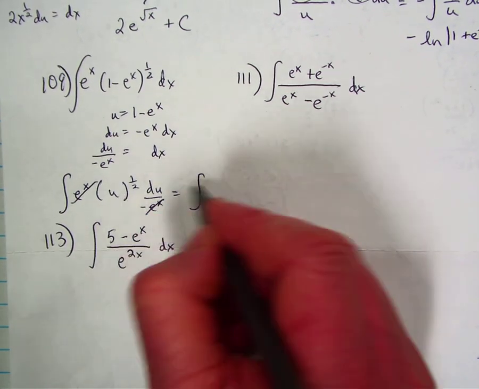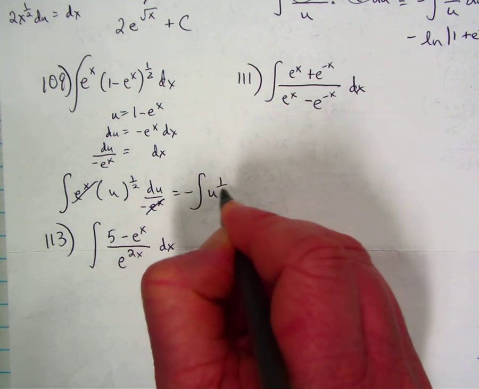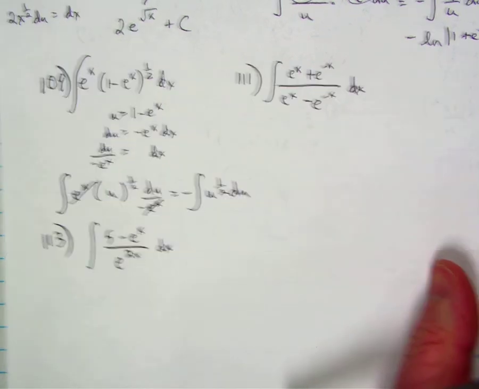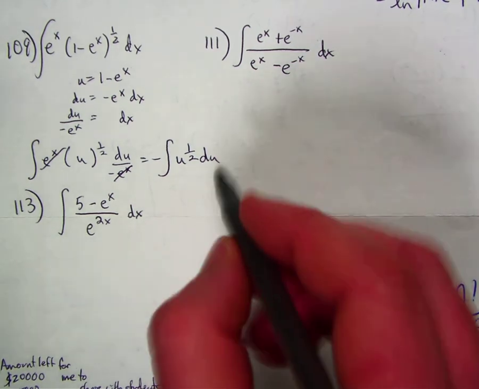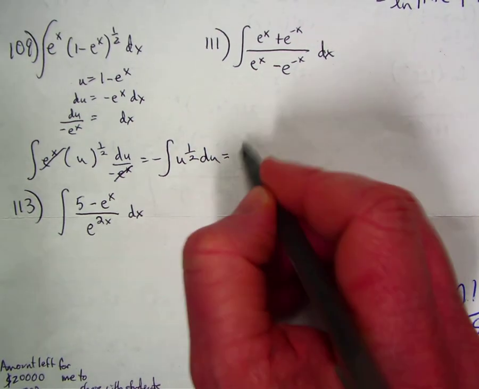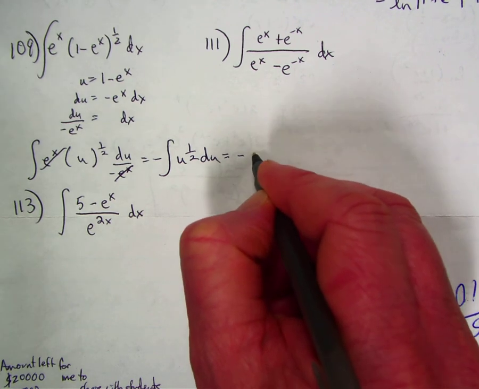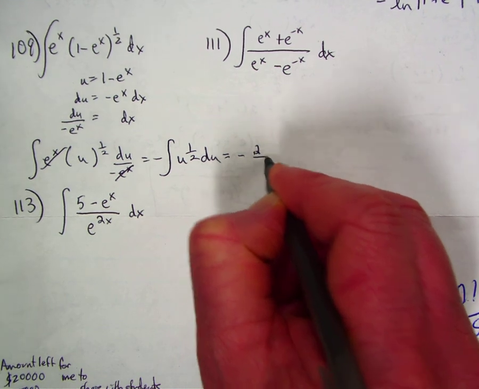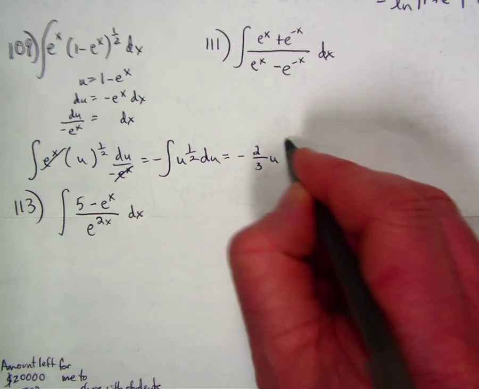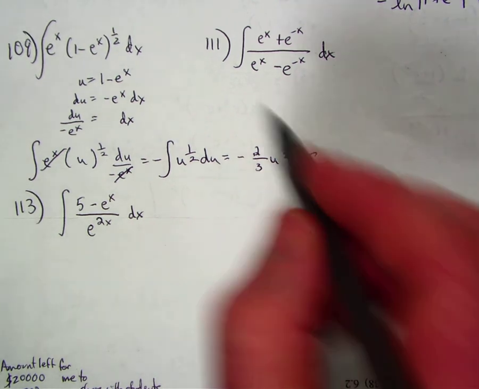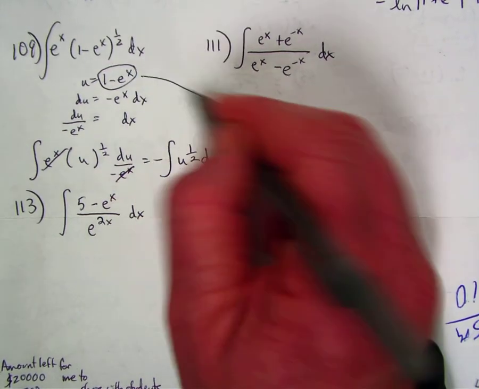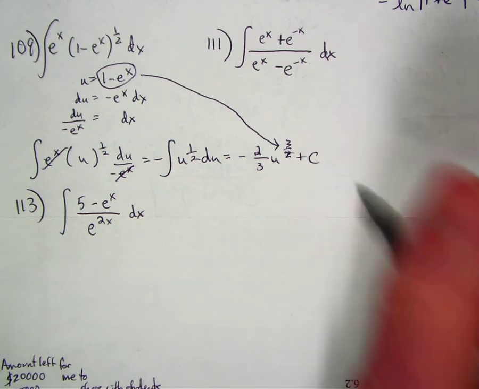Taking the integral of negative u to the 1/2 du. So I'm going to integrate, raise by 1. So u to the 3/2 divided by 3/2 is 2/3 u to the 3/2 plus c, and then take and plug that back in for u.